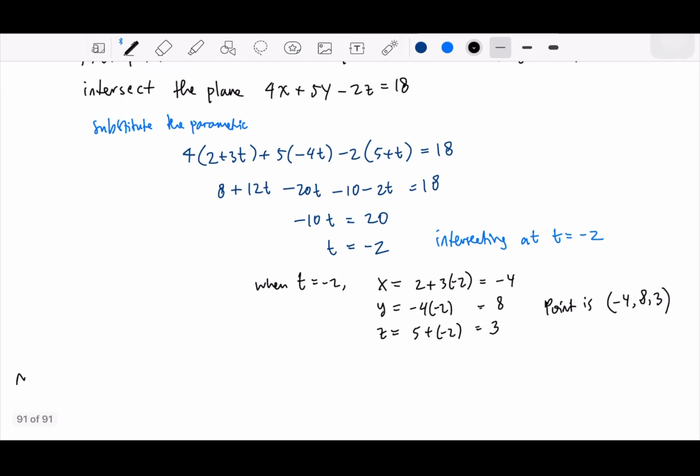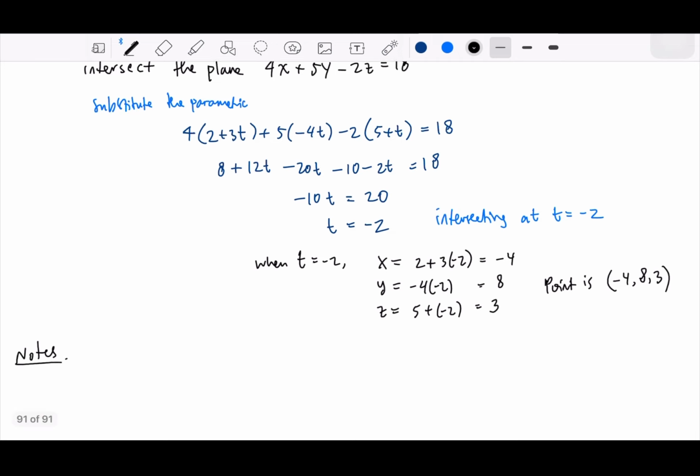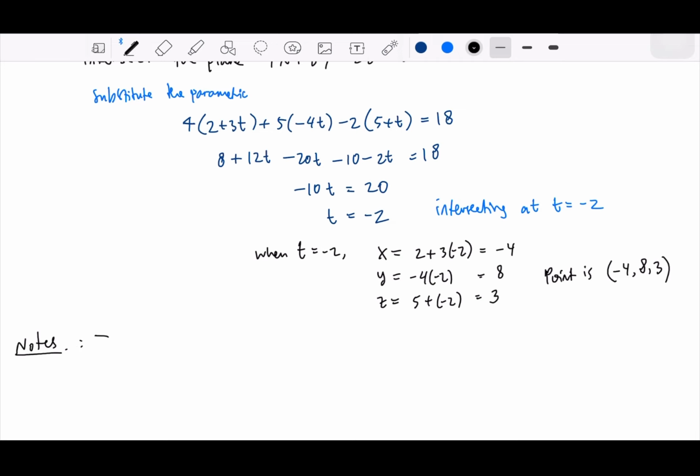Okay, some notes for these intersections. Two planes we call parallel if their normal vectors are parallel.